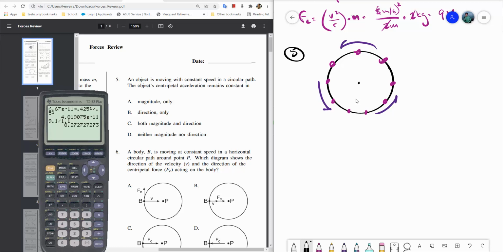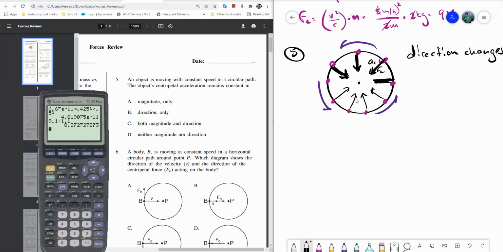My centripetal force is always pointed towards the center. My acceleration is always pointing towards the center. And if nothing else is changing, and I'm spinning at a constant velocity, these arrows are going to be the same in size. Here it's pointing west, here it's pointing southwest, here straight down south, here down to the right. The direction constantly changes.